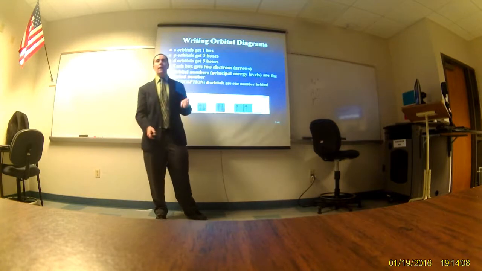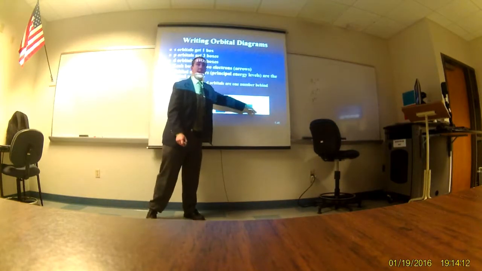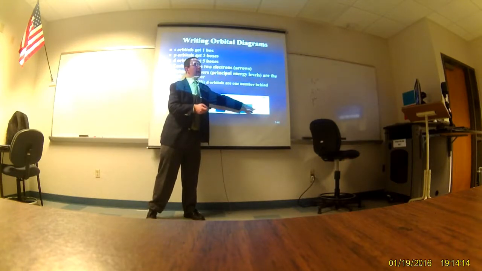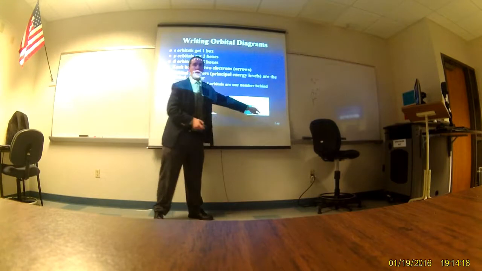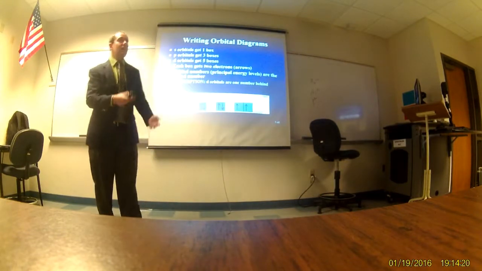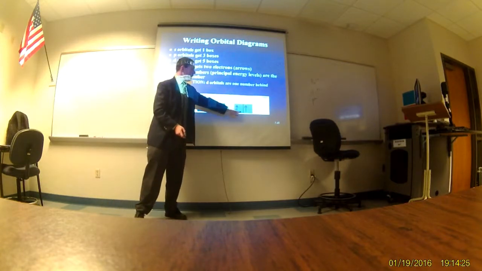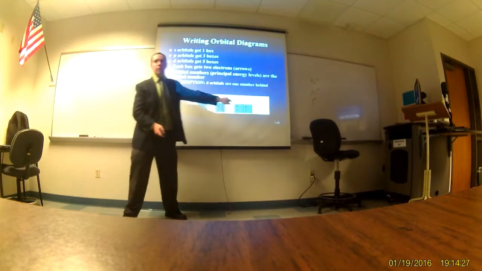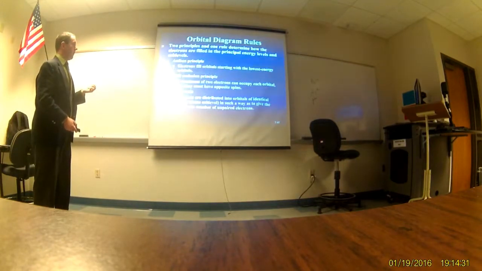They don't want to be with each other. If we had a third one, it would go here. That would be nitrogen. Nitrogen would have one more electron, an up arrow here. And then, if you want one more for oxygen, now you have to pair them, so you have a down arrow here.